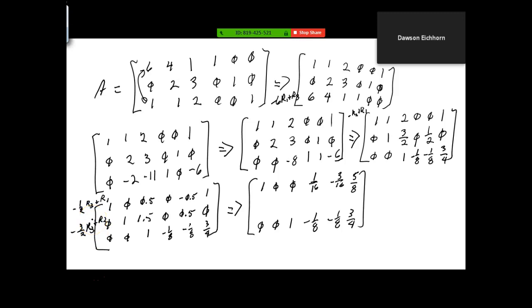So the 0 and the 1 stay exactly the same. Next one becomes a 0. And now the fun begins. Oh, it's always been fun. That's going to be a positive 3/16.